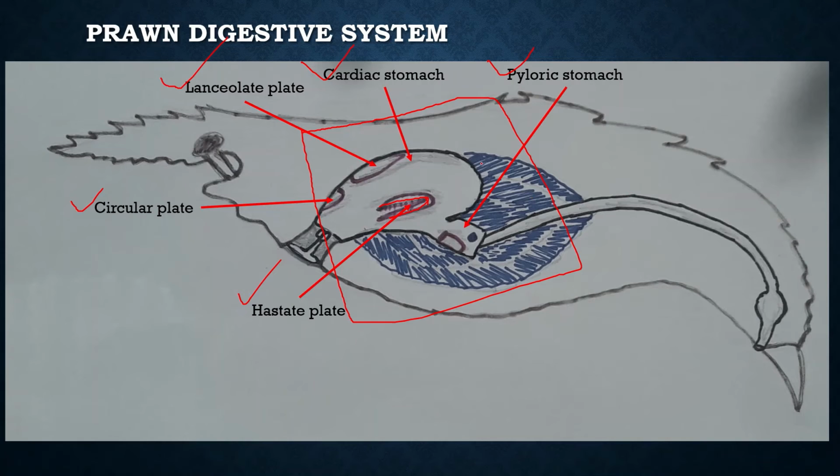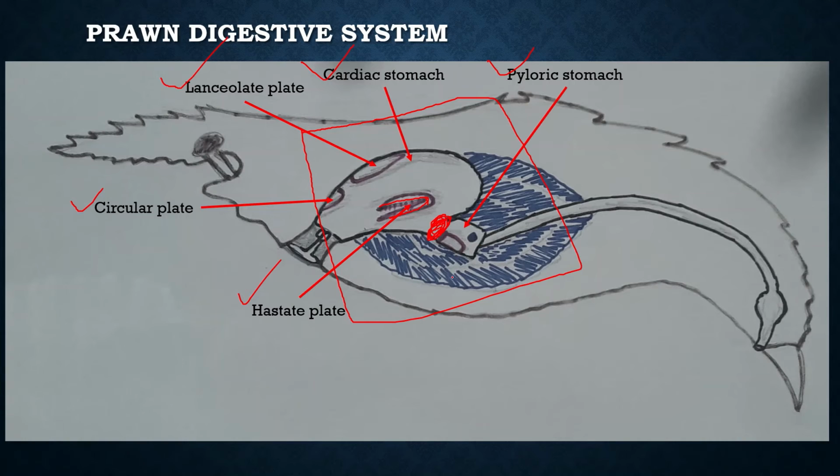Then this cardiac stomach leads into the pyloric stomach, and the cardiac stomach opens into the pyloric stomach by an aperture called the cardiopyloric aperture. This cardiopyloric aperture is guarded by valves.